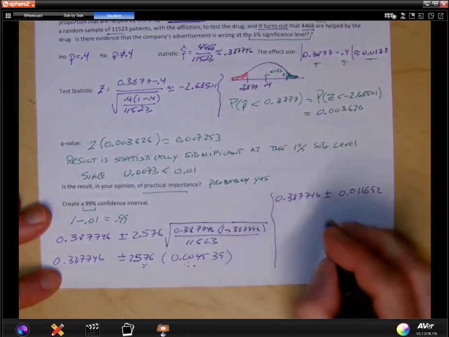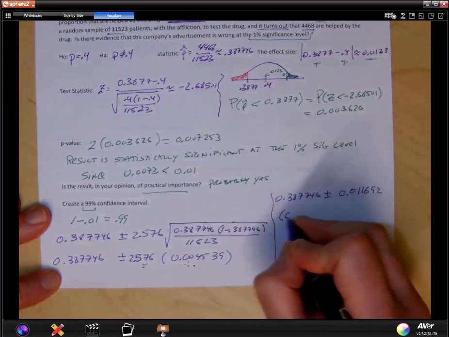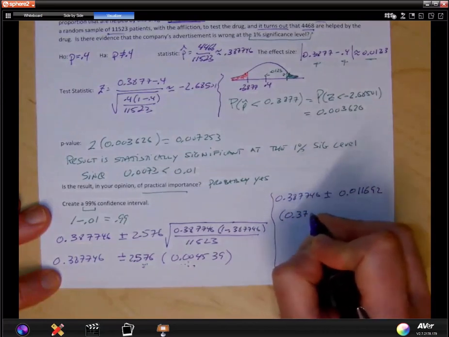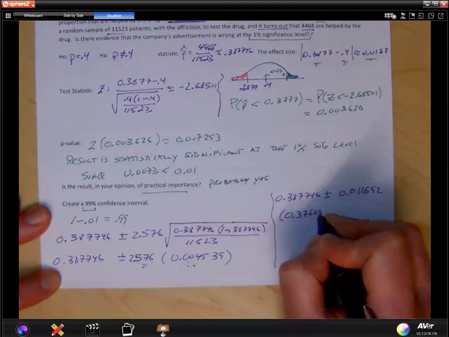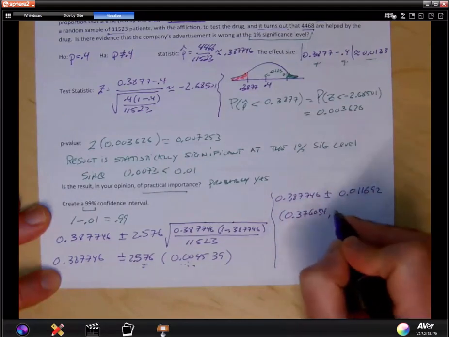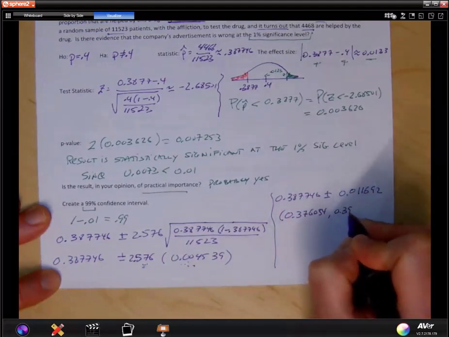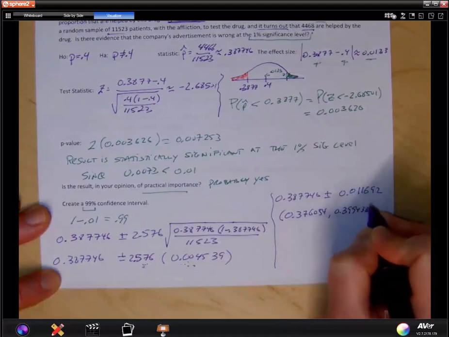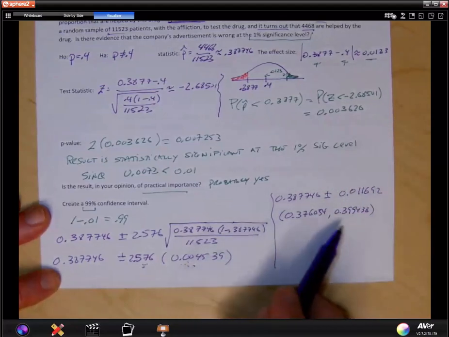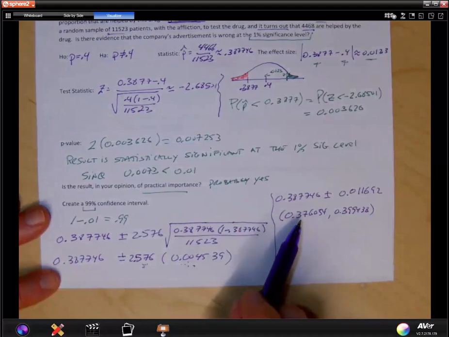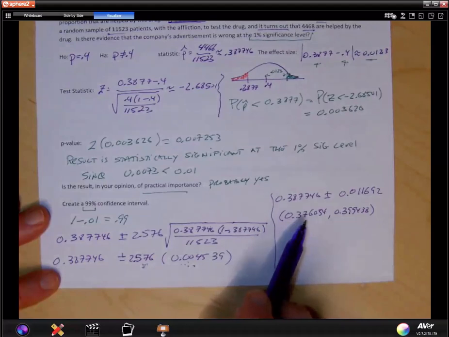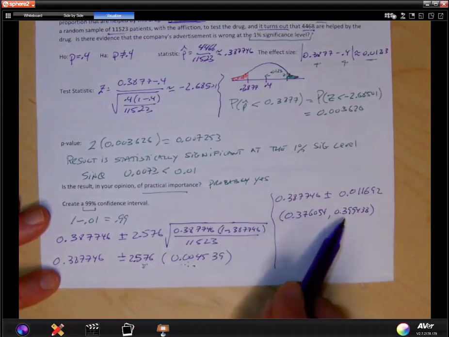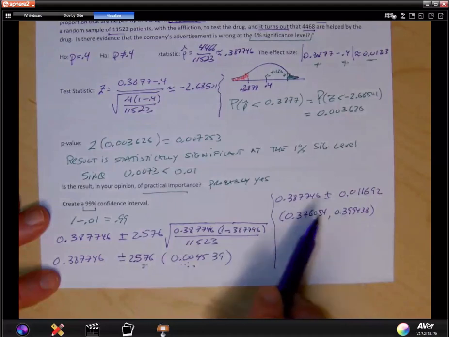Now I add and subtract, and I get that I'm 99% confident that the true proportion is somewhere between approximately 37.6 and 39.9. This is pretty close to 40%, but it could be lower.